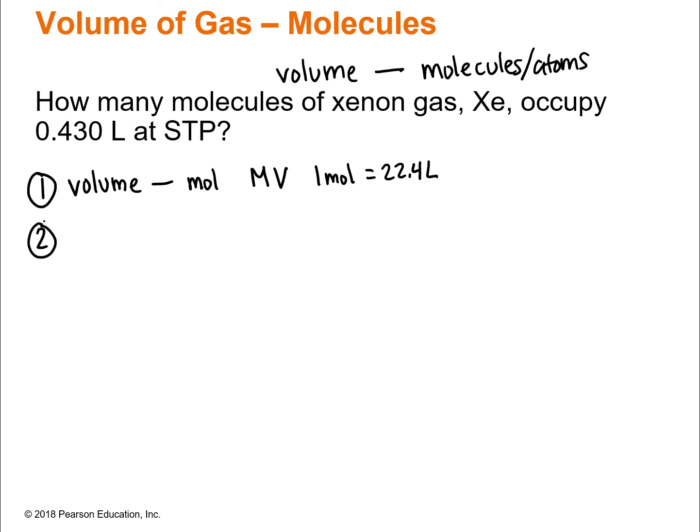The second part is something that we've been doing. We need to take those moles and convert to molecules. What do we use to do that? Yeah, it's that 6.02 number, which is called Avogadro's number.